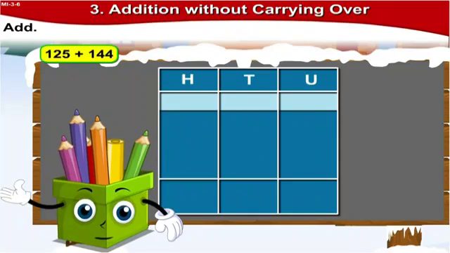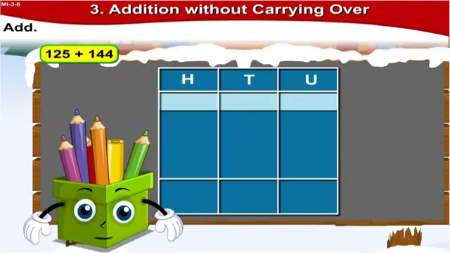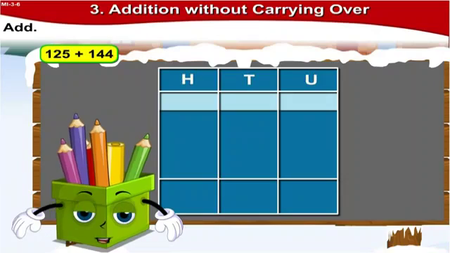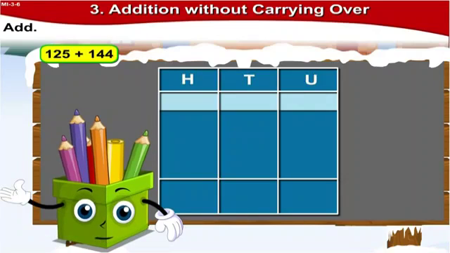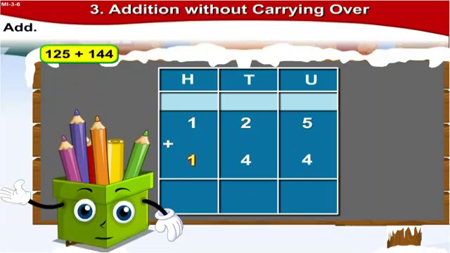Now the next is 125 plus 144. First we'll write hundreds, tens, units. Now 125 is equal to 100, 2 tens, 5 units, plus 144 would be 100, 4 tens, 4 units.